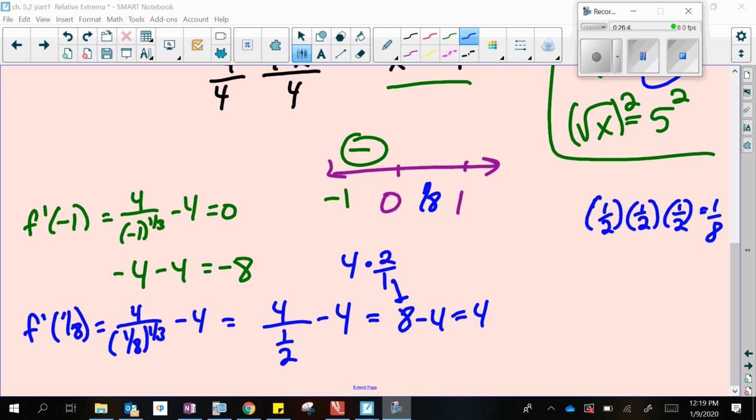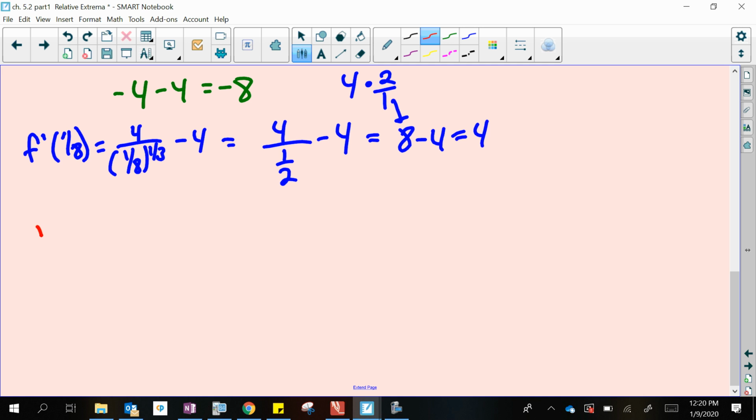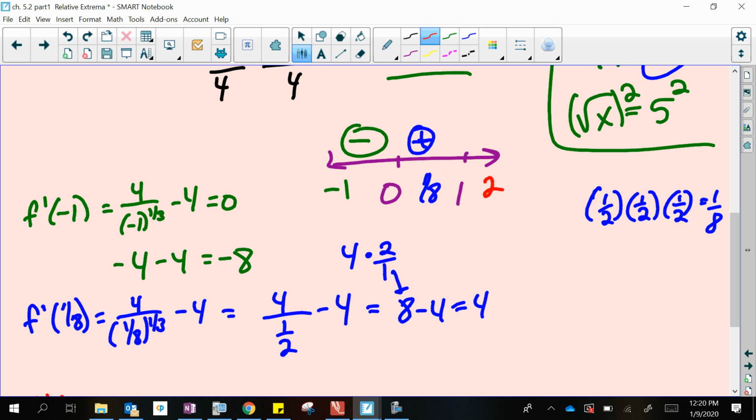Okay. So between 0 and 1, it's positive, right? And then greater than 1, we can choose 2. And if we plug in 2, what's that? Oh, there you go. See, somebody's listening. So instead of 2, we're going to choose 8 because we have to take a cube root.